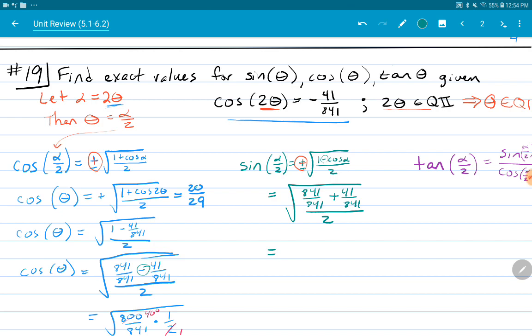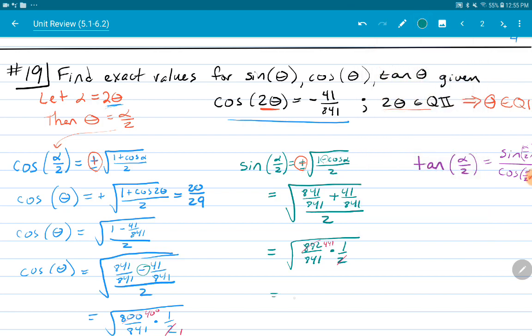And that gives me square root of 882 over 841 divided by 2, which is the same as times 1/2, and I can use that to reduce again, so that 2 cancels with this to give me 441.